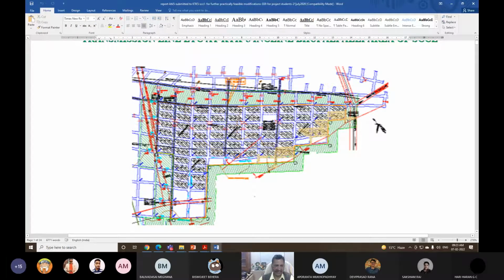This is the reason in deciding the panel size, since we will be discussing later how a panel or a district is supposed to be designed. Here you can see on the surface there is a PWD road, state highway or whatever, and high tension power lines which were not supposed to be disturbed.